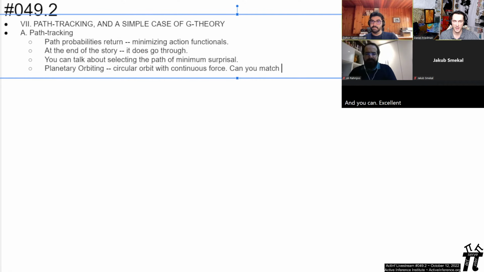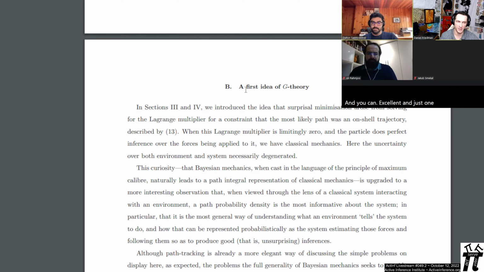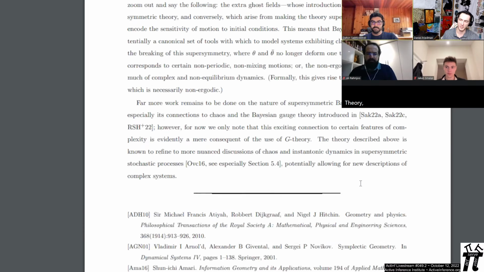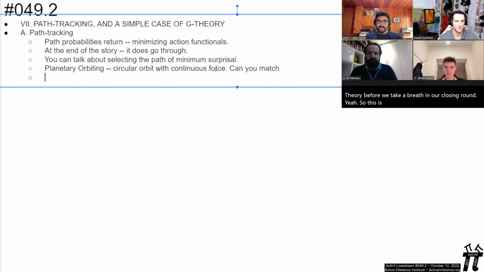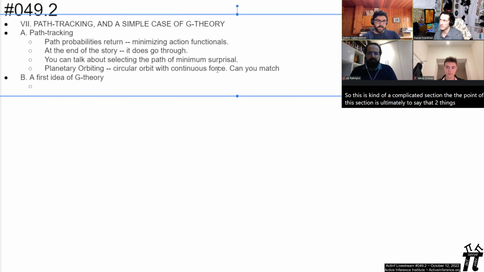Excellent. And just one last note on the first idea of G-theory before we take a breath in our closing round. Yeah, so this is kind of a complicated section. The point of this section is ultimately to say two things, really. One is that the case for classical physics is a nice playground, but it's kind of a simple one.